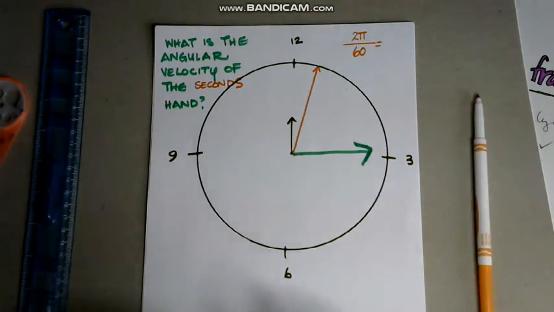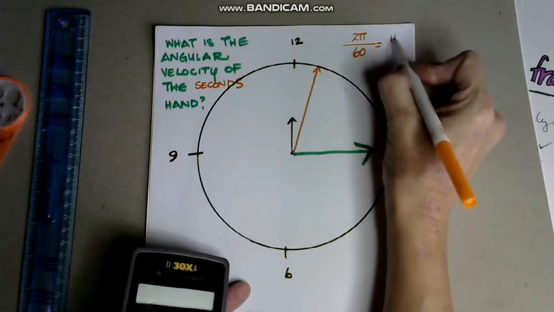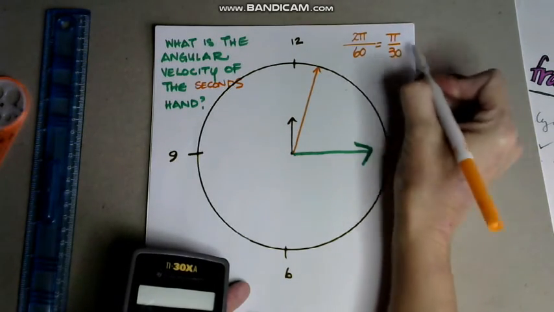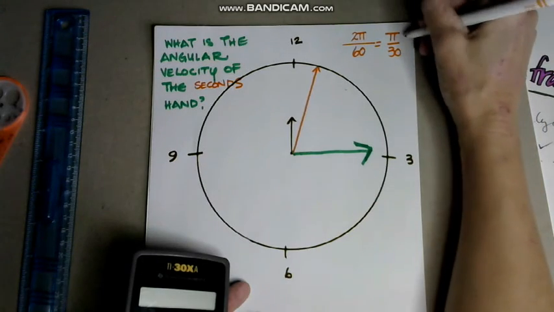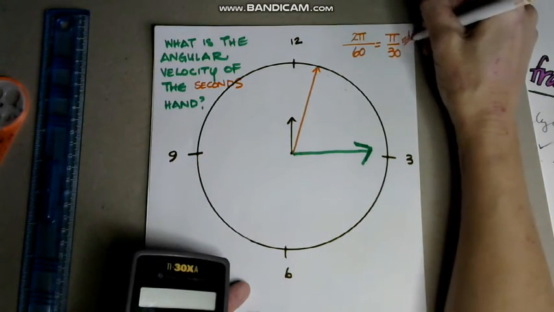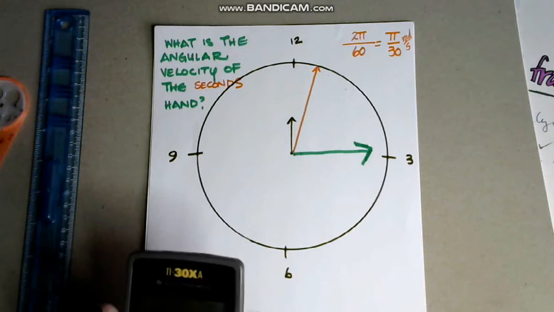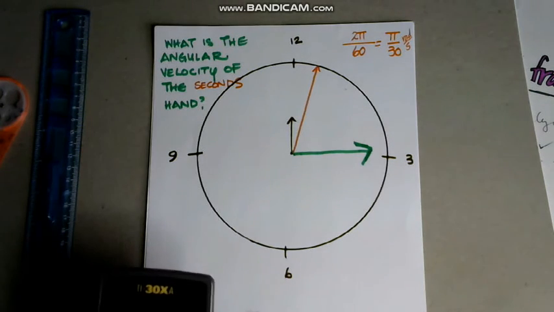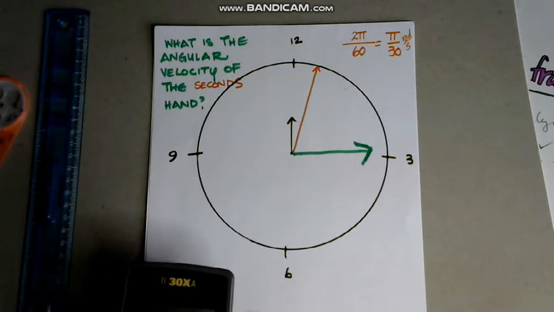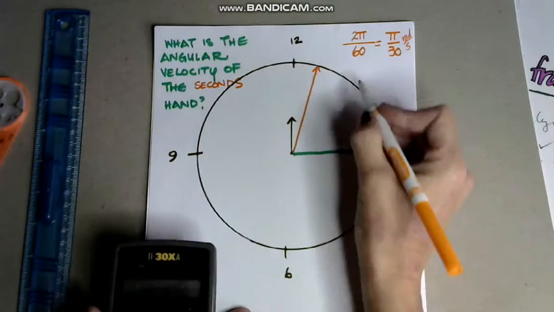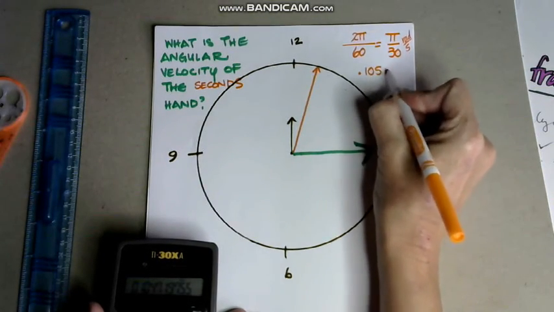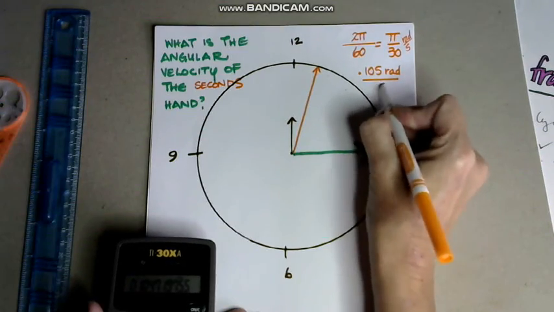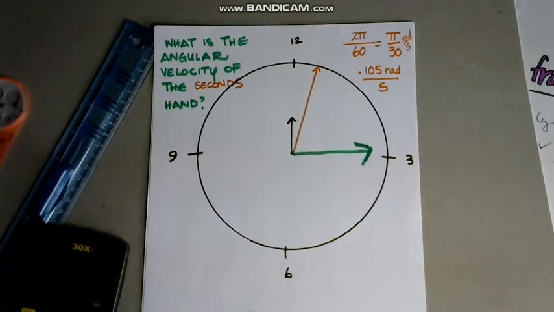So if you calculate that, you could just say it's pi over 30, and then your unit is radians per second. And if you are a super high achiever, you could even calculate it. It ends up being 0.105 radians per second. That would be your final answer.